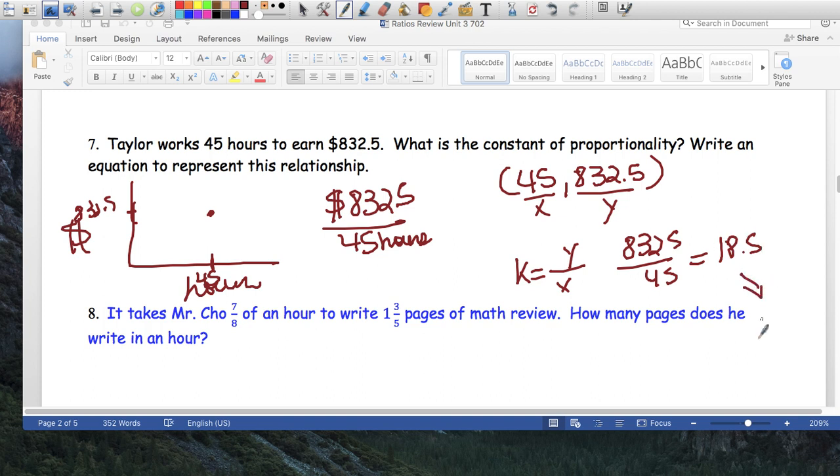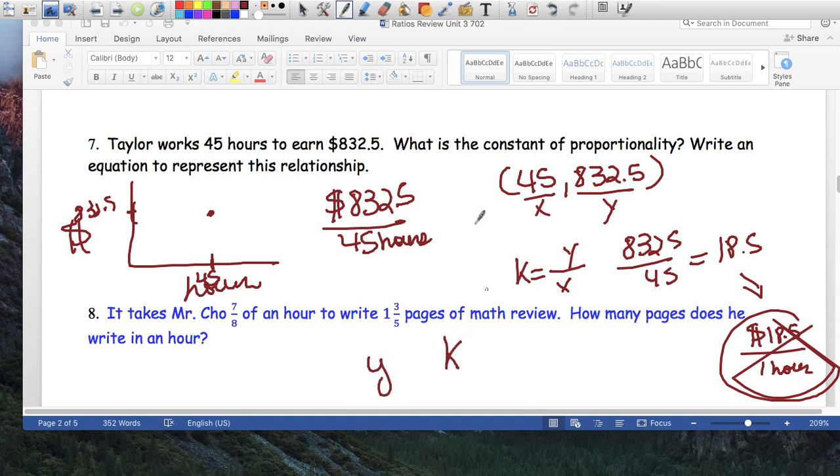This is k, which means she earns 18.5 in 1 hour. That's the unit rate. And we can write our equation: y equals kx, or y equals 18.5x. Okay, that's it.